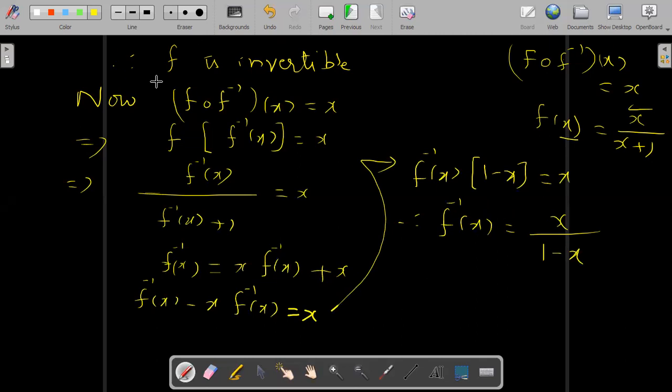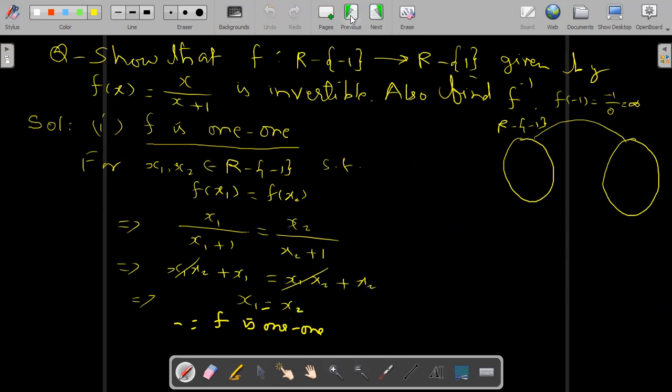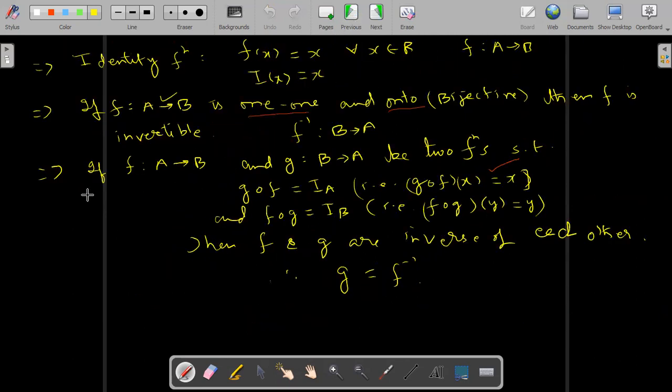And this is the first method in which we have used one-one and onto. And second condition, I told you there is one more condition to prove that it is one-one and onto. That is this one: g of f of x is equal to x, therefore g of y is equal to y. If we prove these two conditions also, then it is also an inverse function.